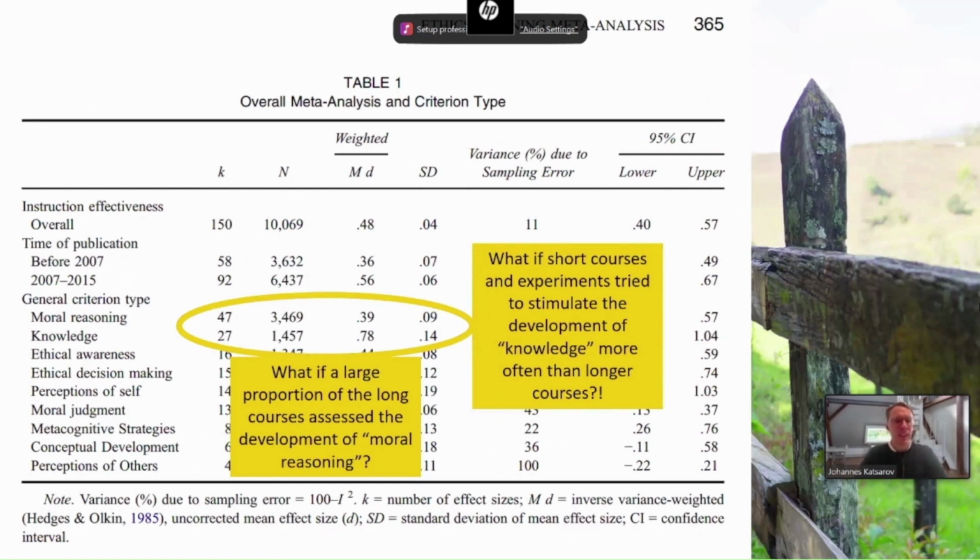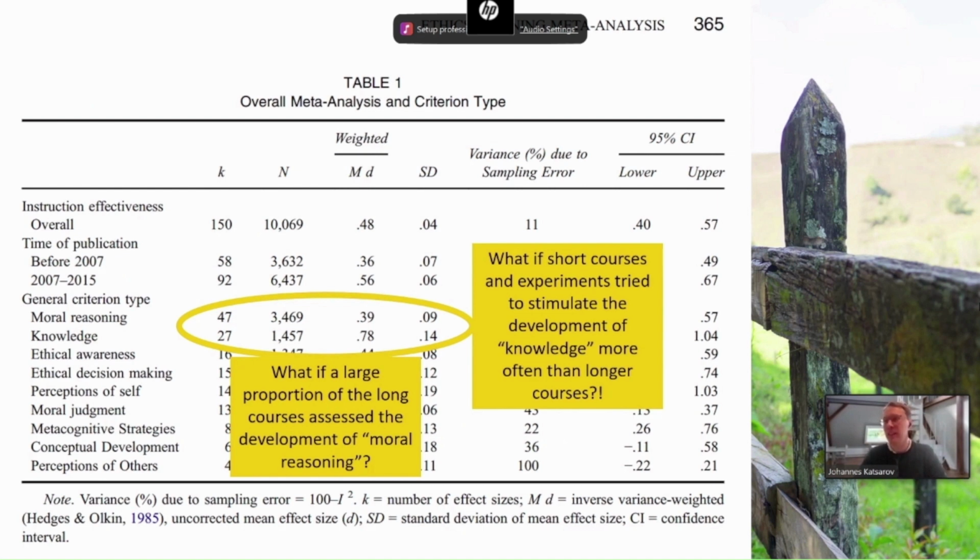However, what we also see here is that they are actually looking at very different outcomes of learning. For example, the skill to reason about ethical problems, or what is called knowledge here.